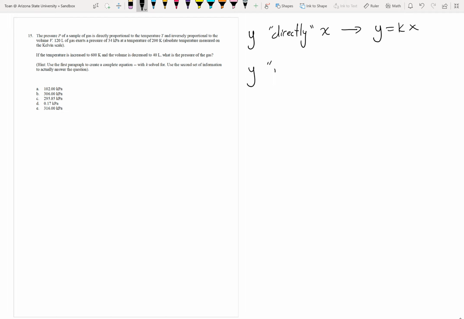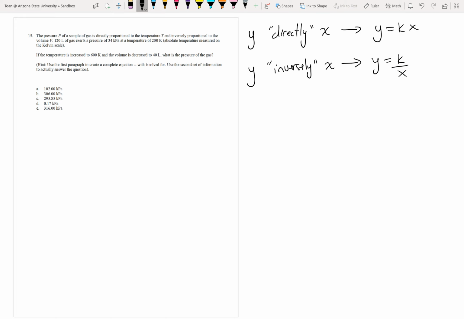If they use the word inversely proportional, varies inversely, doesn't matter. The way you set it up is variable equals k, and since it's inversely, you put the other variable in the bottom. So no matter what, you always start with variable equals k, but if it's directly proportional, you put the other variable in the top. If it's inversely, you put the other variable in the denominator.